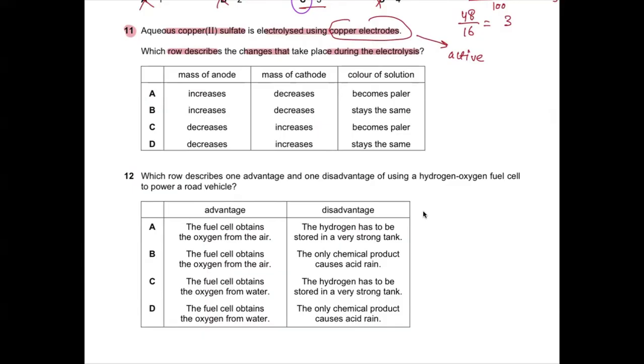If you recall, when there is an active electrode, the anode starts to dissolve. So the mass of the anode decreases, which makes A and B wrong. And at the cathode, copper starts depositing, so the mass increases. As copper is being dissolved from the anode and deposited at the cathode, the amount of color remains almost the same.